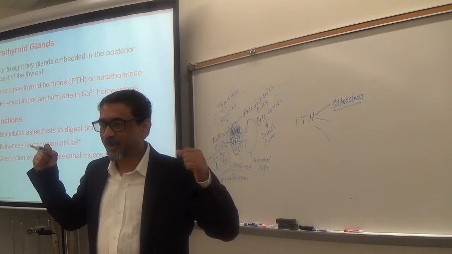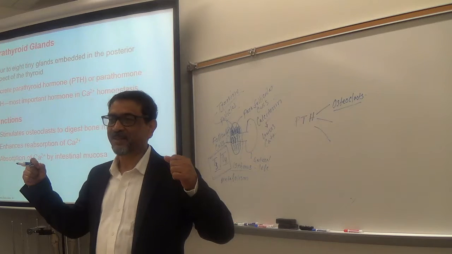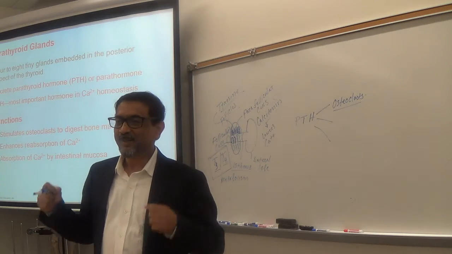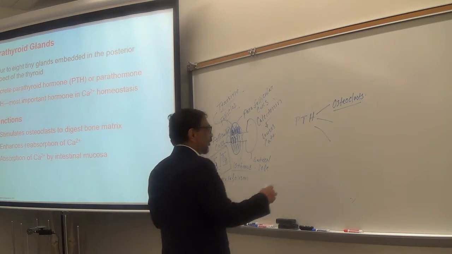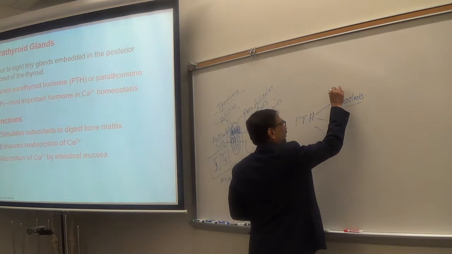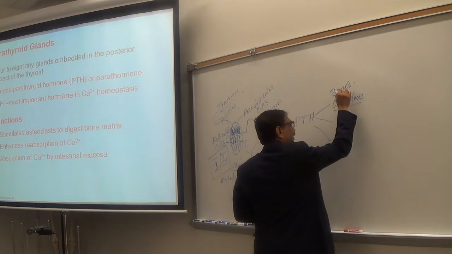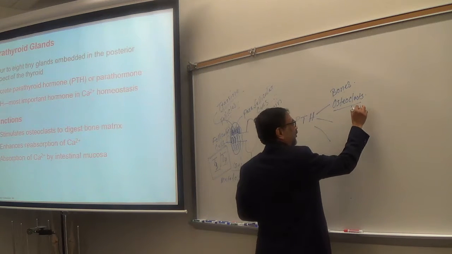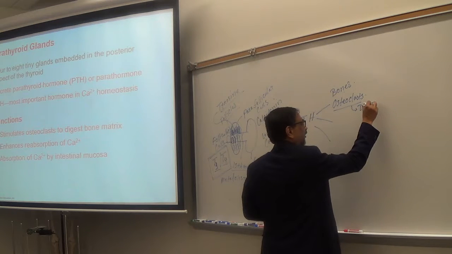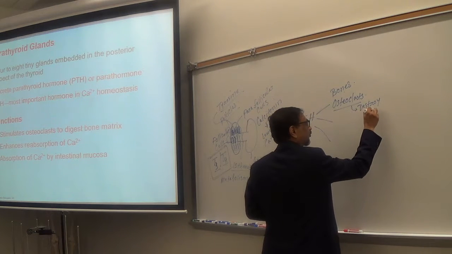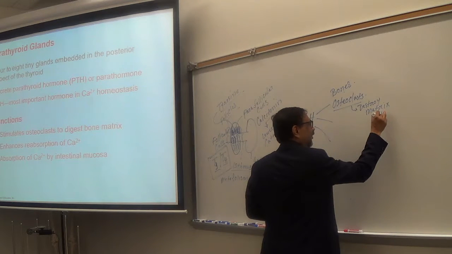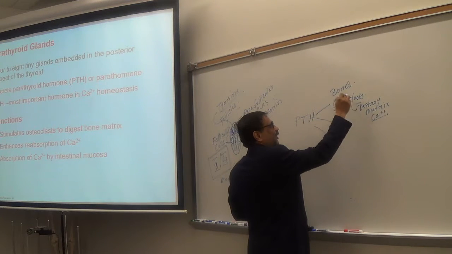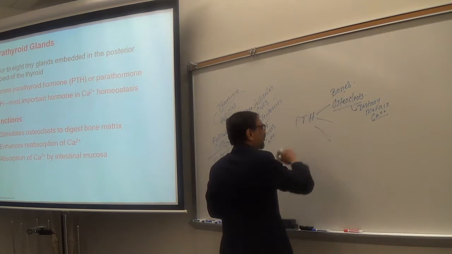And they love to do what? Destroy the matrix. You must remember that. Osteoclasts love to destroy the matrix. Very good. So in the bones, you have osteoclasts that destroy the matrix. We know that. The matrix contains a lot of calcium. You must remember, a lot of calcium is present in the matrix. That's the main chemical.